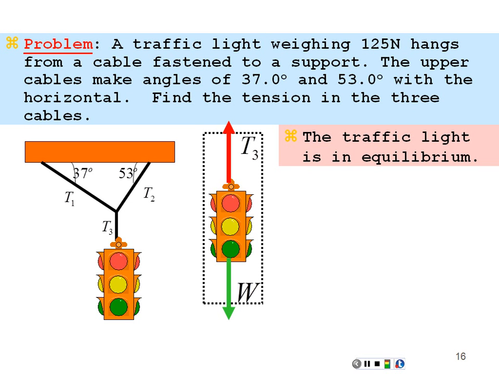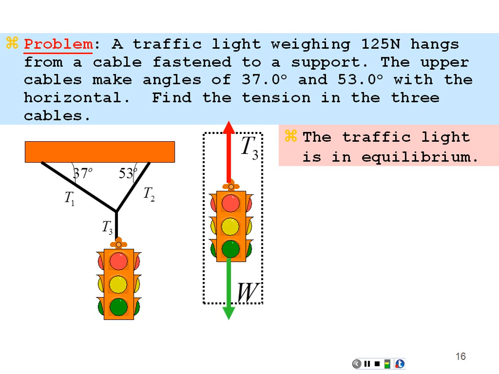So the tension is going like this, support's going like this. If you go to the other end of the cord, the support's pulling this way, tension's pulling inward on the cord. So anytime you have a taut cord, the tension on the ends is pulling inward on the cord. And that's the way it's working on this traffic light. We can see the tension is pulling inward on the cord as it's pulling upward on the traffic light.